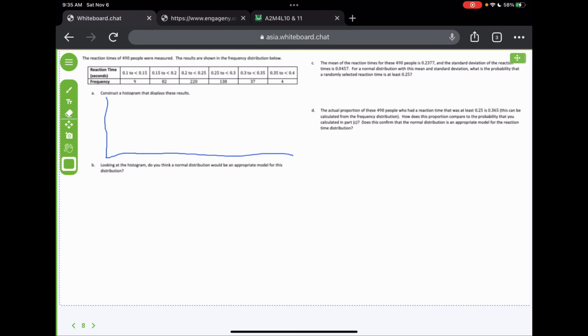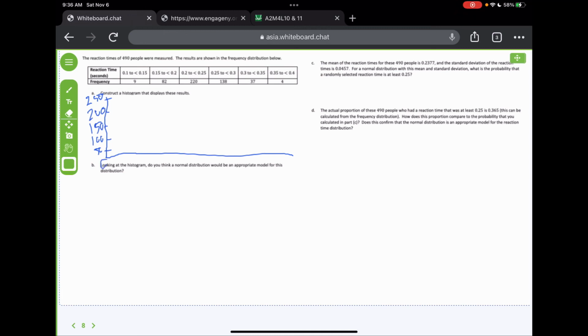So it looks like our frequency is only going to go up to about 250. And we'll do increments of 50. Okay. Now these are going to have intervals here.